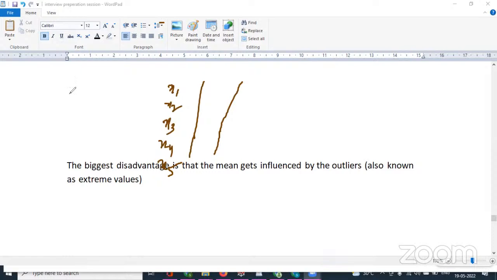Sorry, please don't mind. There is construction work going on, so that is why there is so much noise behind. So let's say you have 5 students' marks.